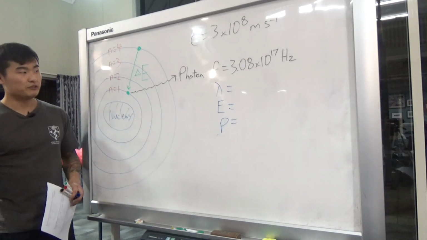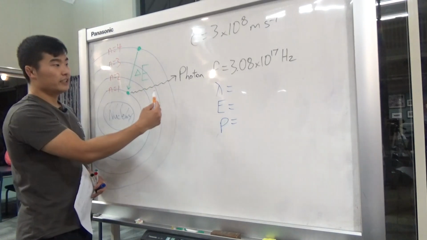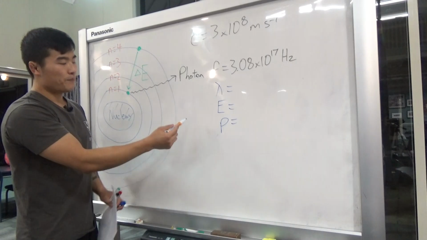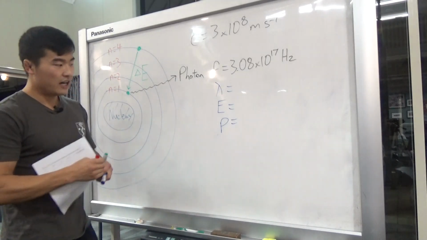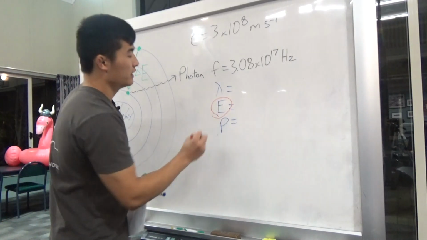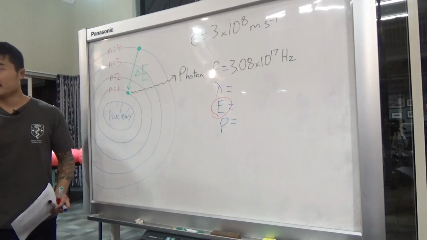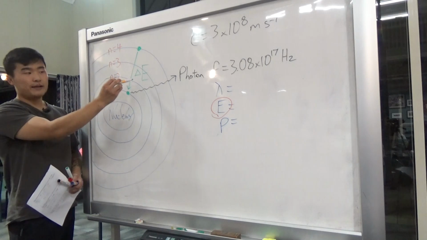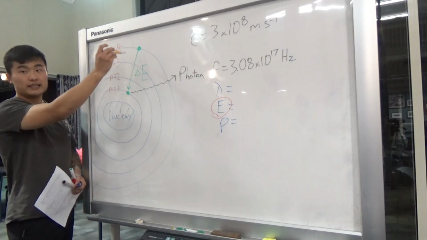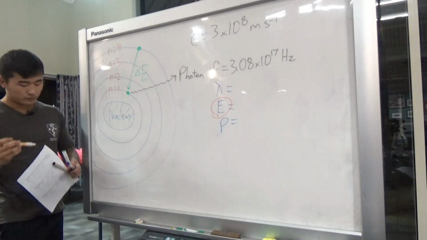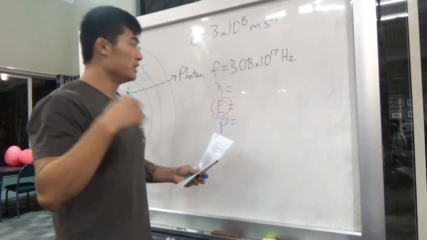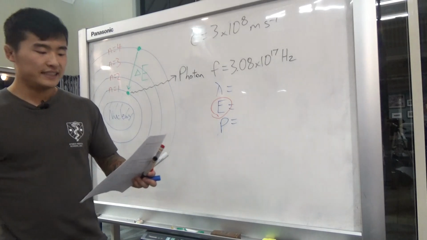But what we can do is use the frequency, or the wavelength that we just calculated, to figure out the energy of the photon. And remember, the energy of the photon is going to be exactly the same as the difference in energy. So we'll figure out the energy, and we're just going to use the frequency because that's easier.